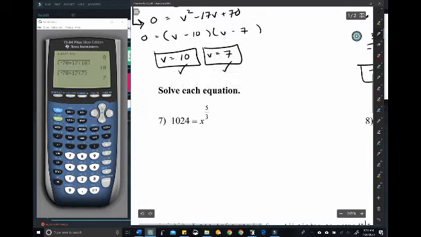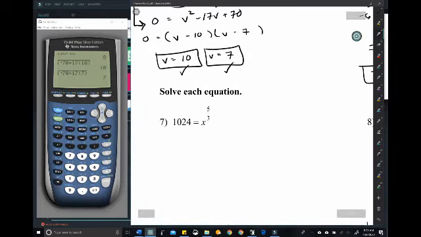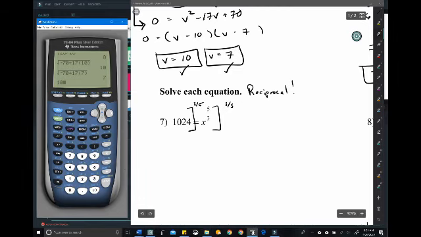And lastly, solving each of these types of equations, you just have to raise each side to the reciprocal power. All right, so if it's to the 5/3, you're going to raise each side to the 3/5. 1024 to the 3/5 comes out to be 64.